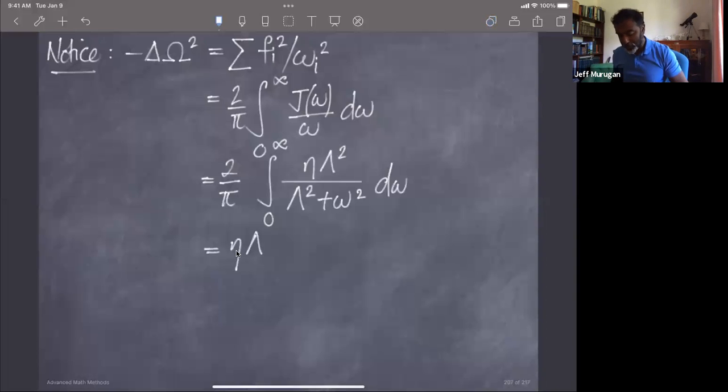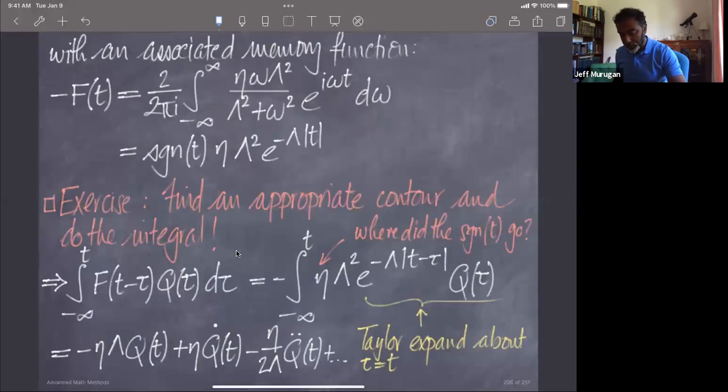So that's eta lambda, and this is going to multiply q. So I go back to the problematic term, and I see that it's precisely the same term except with the minus sign. So now it becomes clear why we need the counter term. That minus delta omega squared q term exactly cancels the term that's linear in lambda.